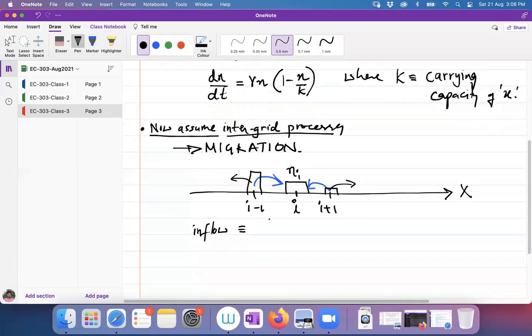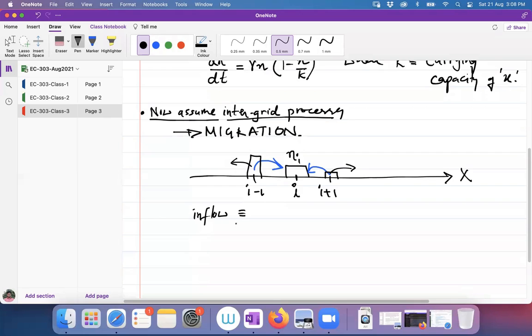If this is happening, what do you think the inflow minus outflow, let's call it the total flow rate, will look like? If every individual is randomly deciding to go this way or this way, what proportion will go this way? That will be N_{i-1} divided by 2, right?